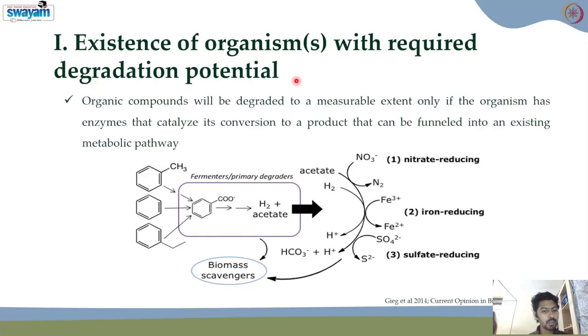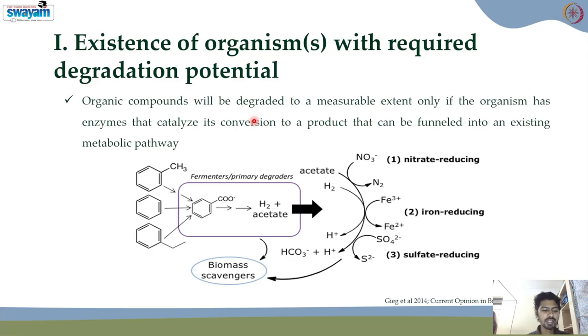So how does it work? The microorganism degrades the pollutant only if they have enough enzymes that fit into their metabolic pathway, that is their natural energy pathway. So you need to identify the microorganism that has the capability to produce the appropriate enzymes.